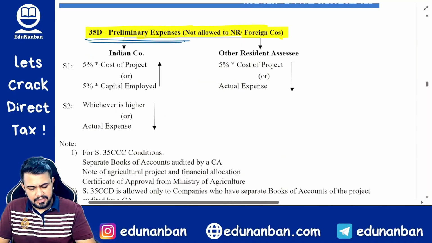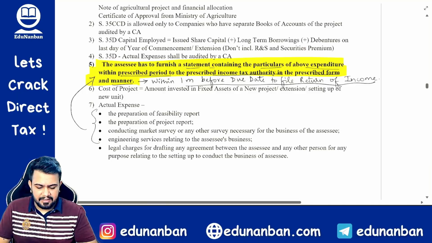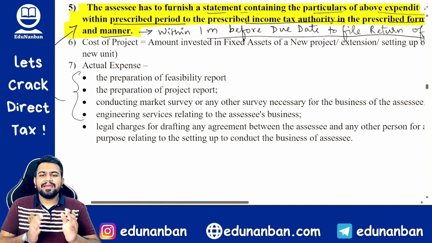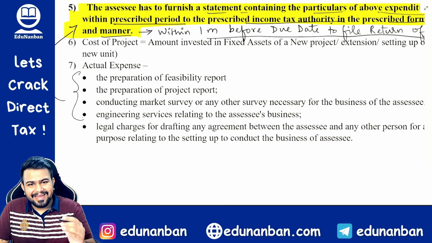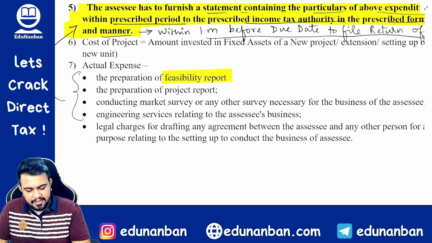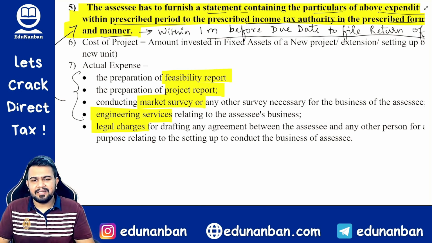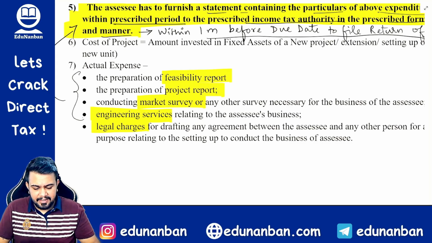Now in preliminary expenses also, one minor procedural change is there. What is that change? We have already learned that in case of this section, only certain expenses are allowed as deduction: feasibility report, project report, market survey, engineering services, and legal charges. Certain other expenses are also allowed in case of a company, which we had discussed.